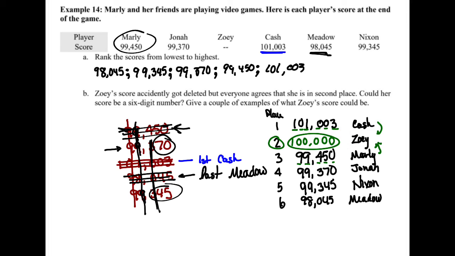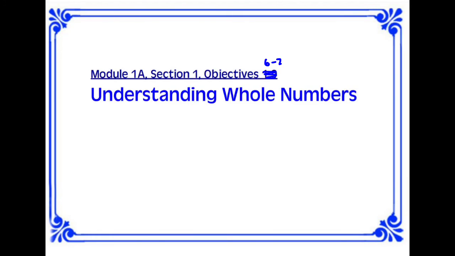Okay, so 100,000 is one, and 101,002. Are there others? Absolutely. But those are just two that I came up with really quickly for you. And that's the end of Module 1, Section 1, Objectives 6 and 7.